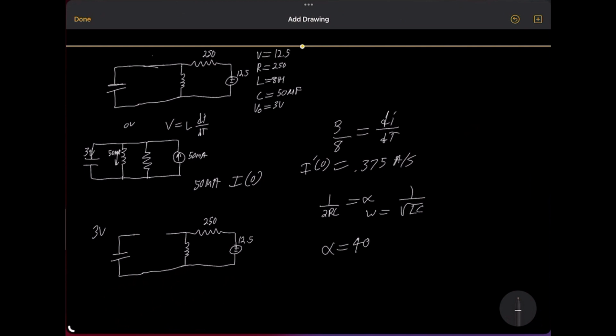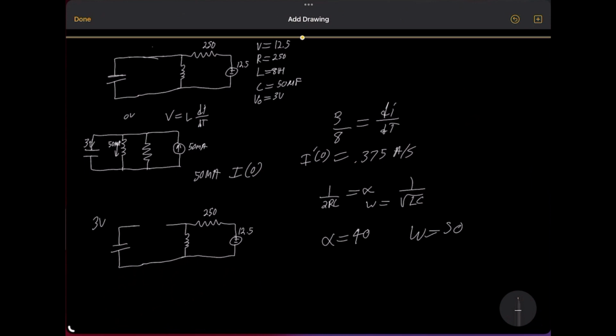And omega naught is 1 divided by the square root of 8 times capacitance. We're going to get a negative number underneath since alpha is less than omega naught, and we're going to get 30i.